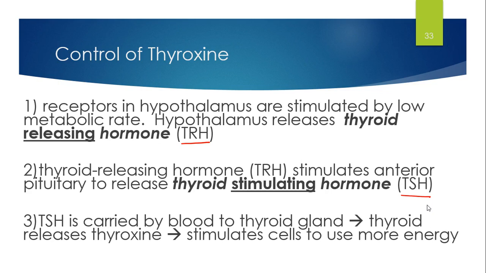It promotes the release of thyroxine from the thyroid gland. Thyroxine goes out to the entire body, okay, but mainly has its effect in the liver, the muscles, and the adipose tissue that contains fat cells, okay? And what thyroxine is going to do is promote the breakdown of those compounds.